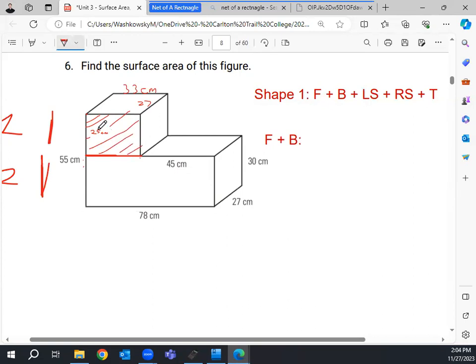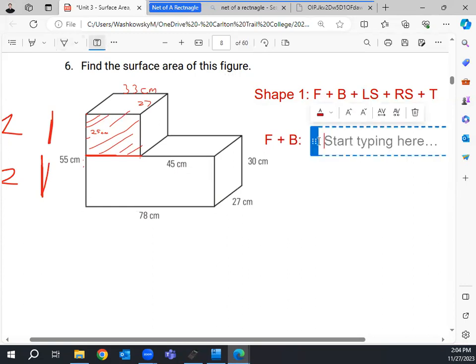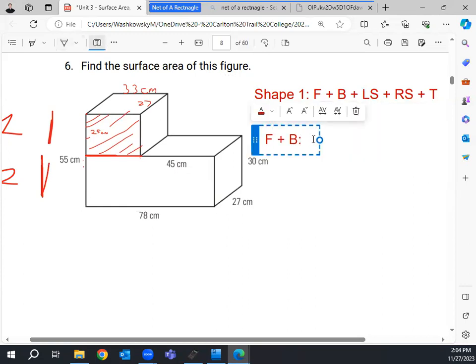This is 25. I know it's a little small. It's going to be 25 centimeters times 33 centimeters. So the front and the back are each going to be 25 times 33, 825 centimeters squared.